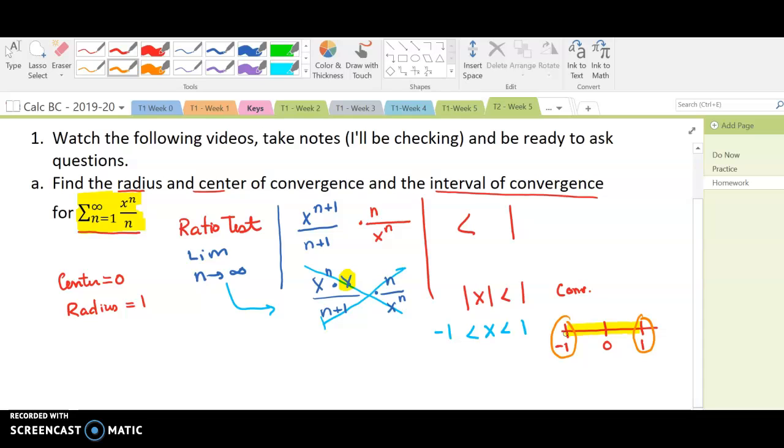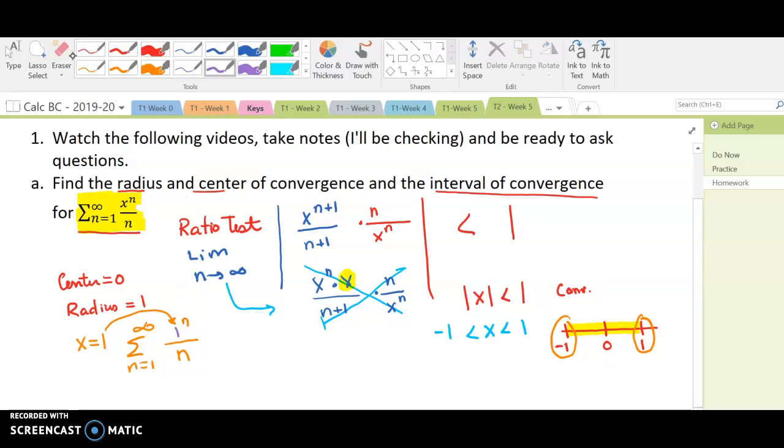And so what that means is when x is 1, I'm really looking at the series 1 to the n over n, because this used to be x to the n, and for that x we plugged in a 1, because we're only looking at that endpoint of 1.